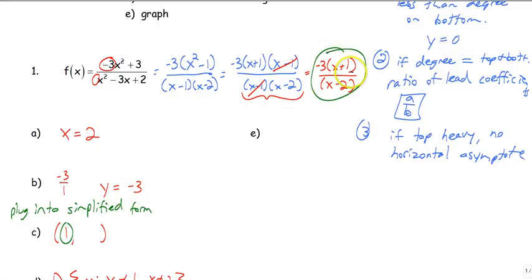Okay? So, if I plug in, I'm going to just do the work here. I get negative 3 times 1 plus 1 over 1 minus 2. So this is 2 times negative 3 is negative 6 over 1 minus 2 is negative 1. So we get 6. So the coordinate of this hole is 1, 6.